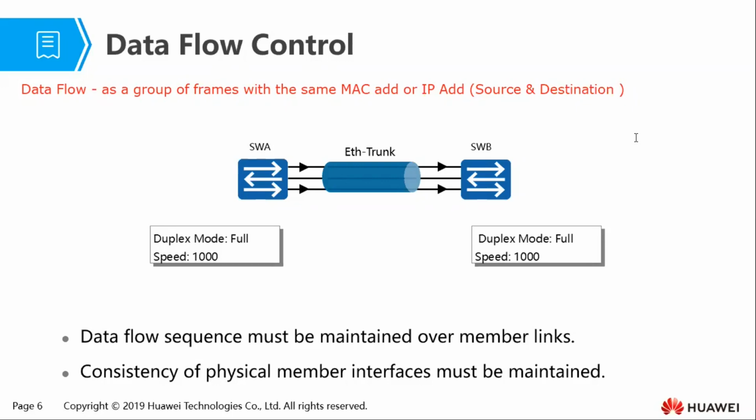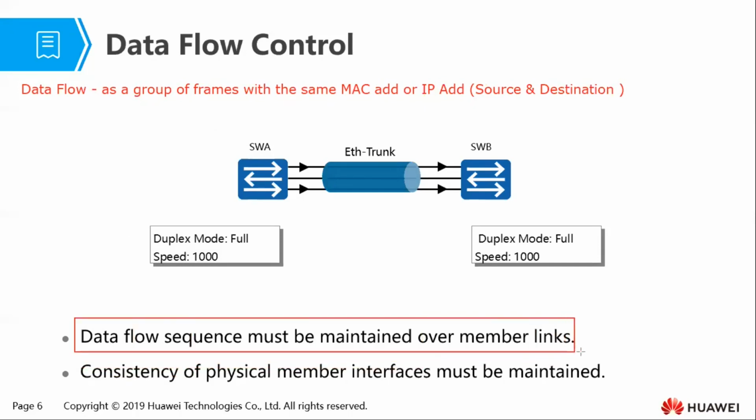Now, generally, frames of the same data flow are forwarded over the same physical link. Frames of the same data flow will be sent over the same member links or physical links.